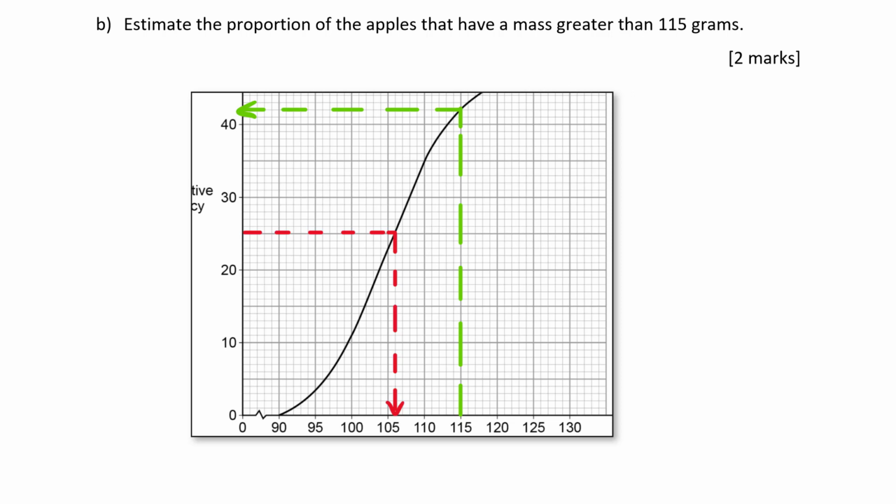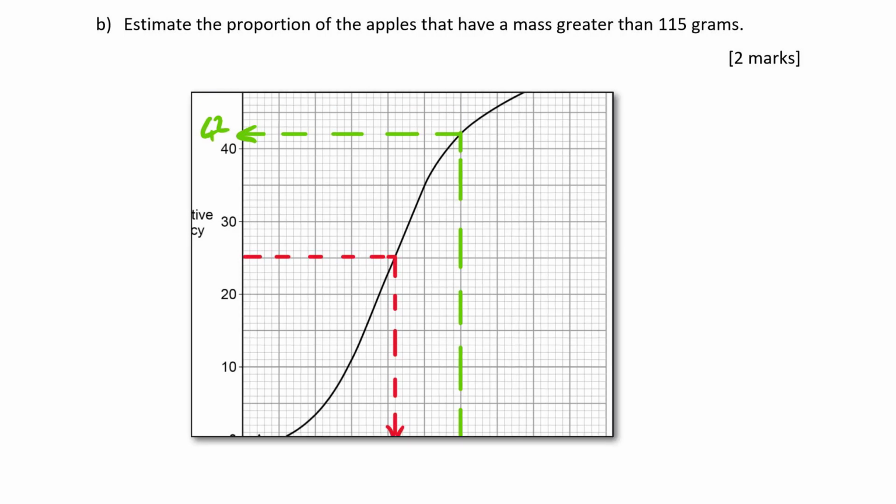Okay, so that value there is 42, but is that the answer to my question? It says estimate the proportion of apples that have a mass greater than 115 grams. This actually tells me that there are 42 apples that have a mass of 115 grams or less. So this tells me kind of this area down here actually.